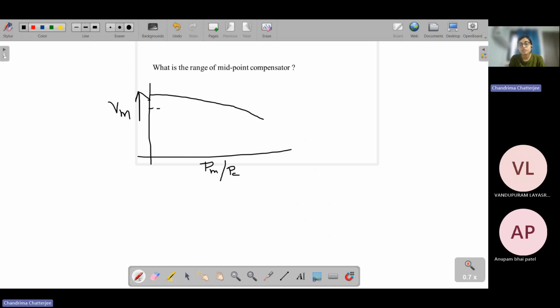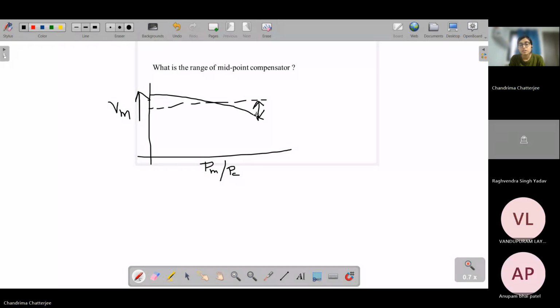If this was the rated voltage, that is 1 per unit, at no load there was over voltage, and at rated load there was this under voltage, right? The idea is you will do reactive power compensation in such a way that no matter what the load is, you will always be able to maintain a voltage, suppose here for example 1.05 per unit.